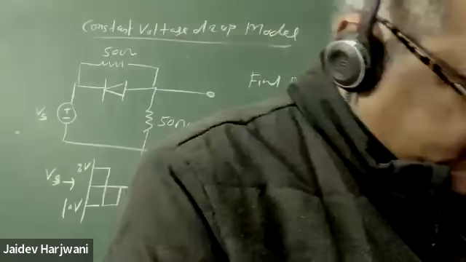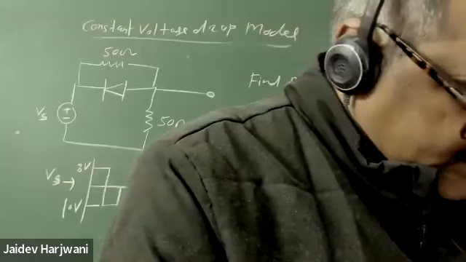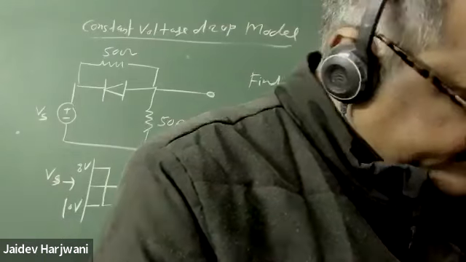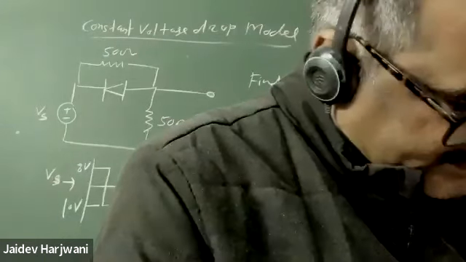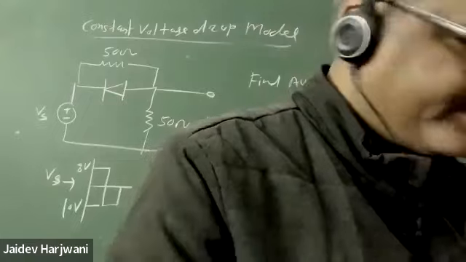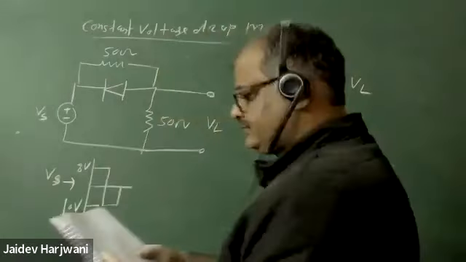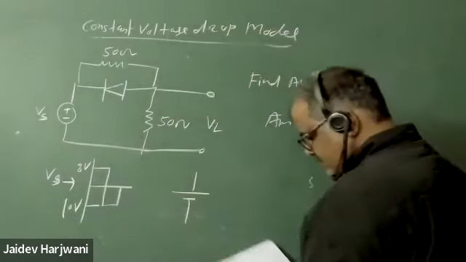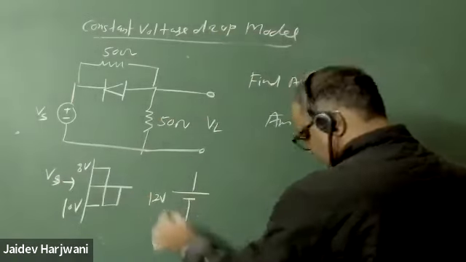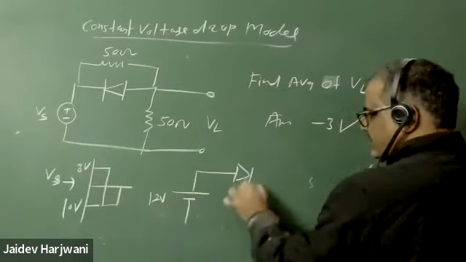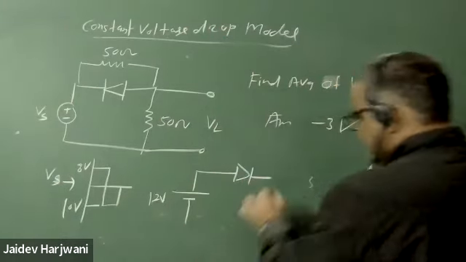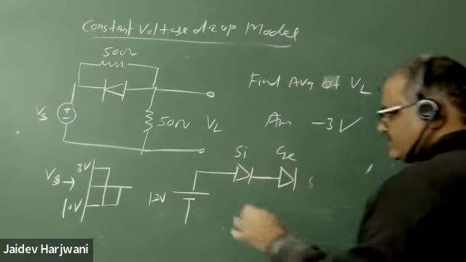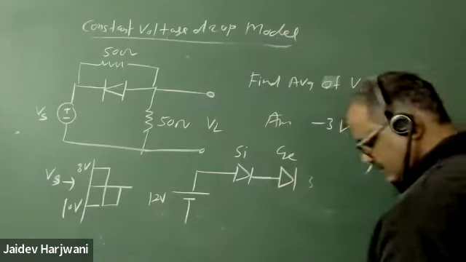And you have a circuit, 12 volt. You have a diode, silicon. You have a diode, germanium. That means 0.7, 0.3.